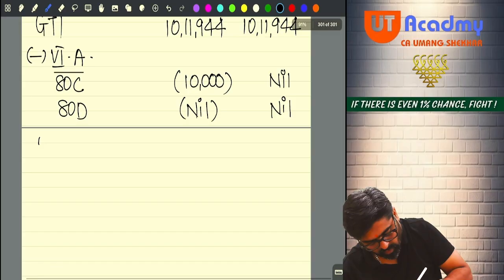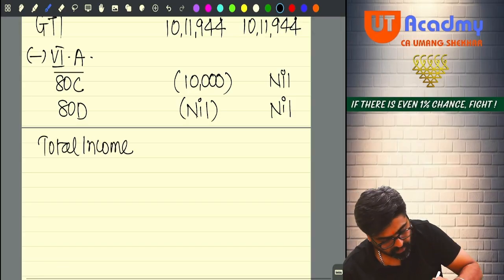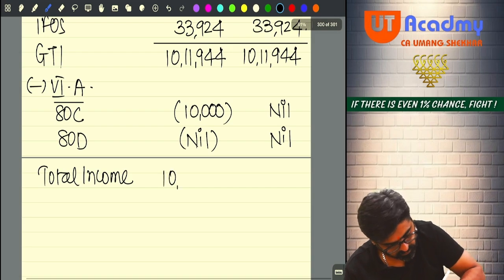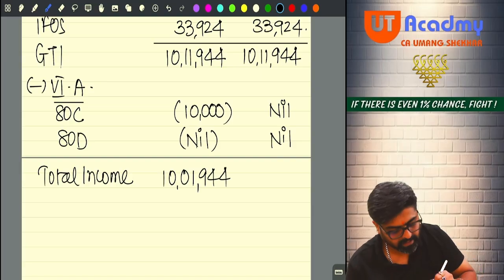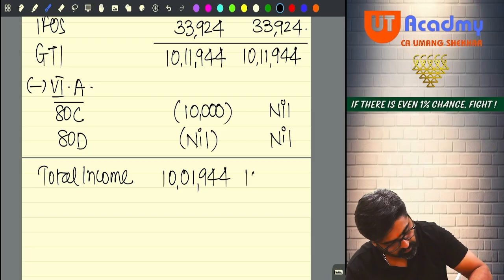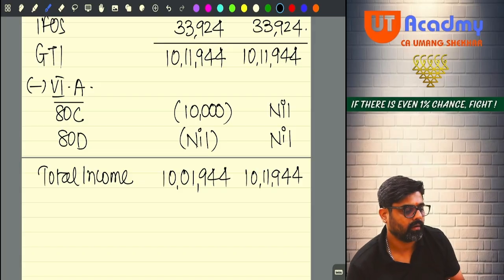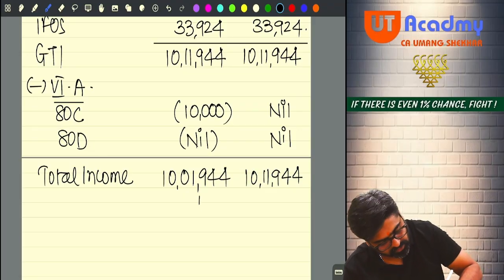Now if you calculate your total income, here it will be 10,01,944 and under 115 BSE it will be 10,11,944.